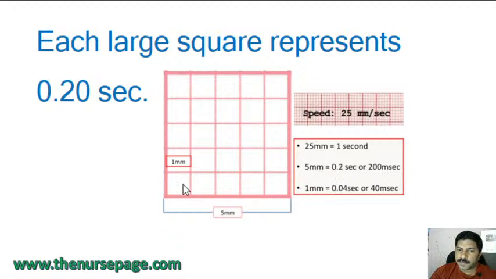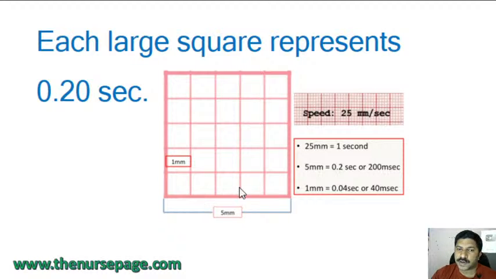So 5 mm means 1, 2, 3, 4, 5 small cells. That makes 5 mm, which is 0.2 seconds or 200 milliseconds. 1 mm means the smallest square. 1 mm is equal to 0.04 seconds or 40 milliseconds.